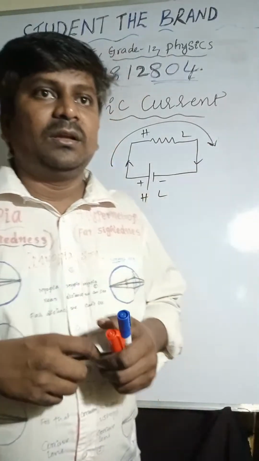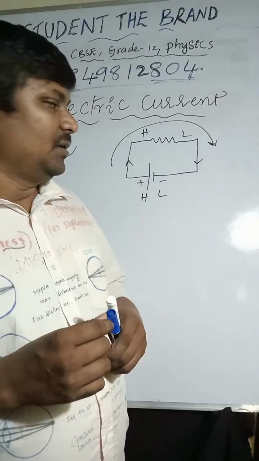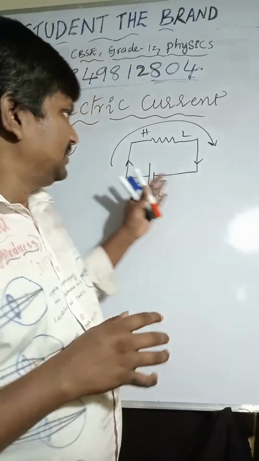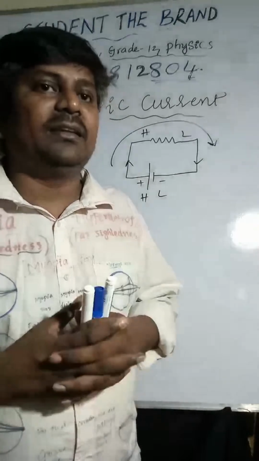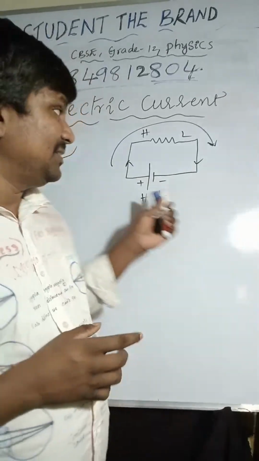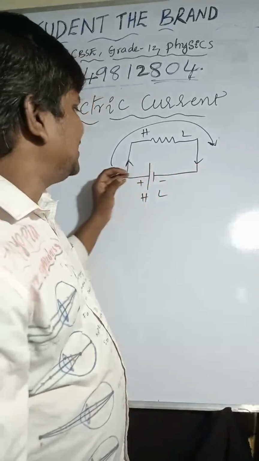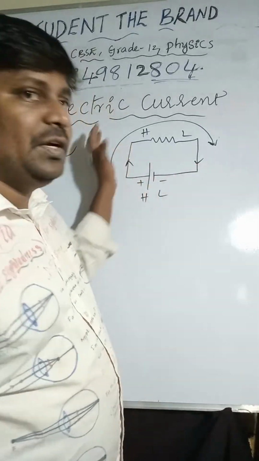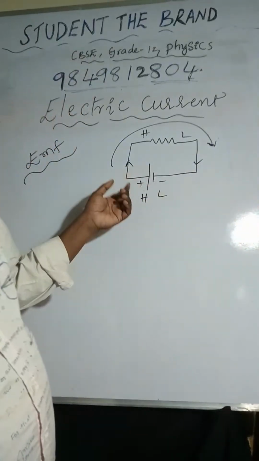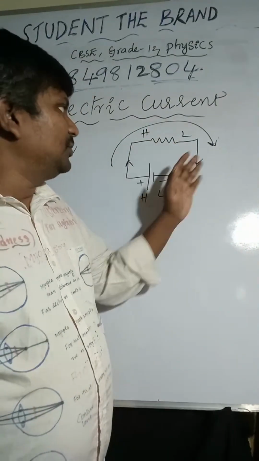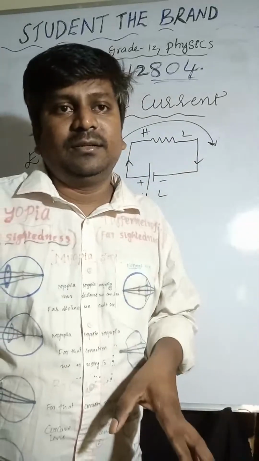So what is the meaning of it? Normally, when a cell or battery is connected to the circuit, current starts flowing. Positive charges will move from high potential to low potential easily. Whenever you connect a cell or battery, positive charges move from positive terminal to negative terminal very easily.